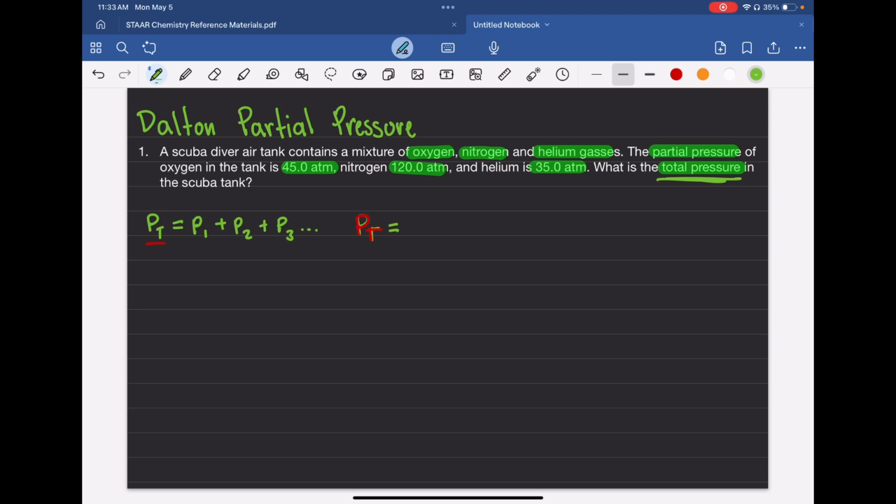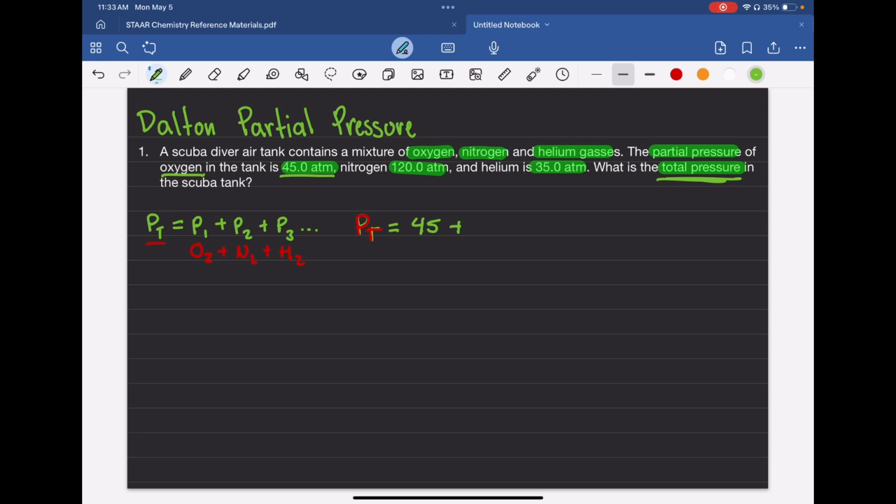I can see that my pressure of my first gas, oxygen, is 45 atm. So I'm going to put that 45 for oxygen gas. I'm going to put this right here: oxygen gas plus nitrogen gas plus helium gas.